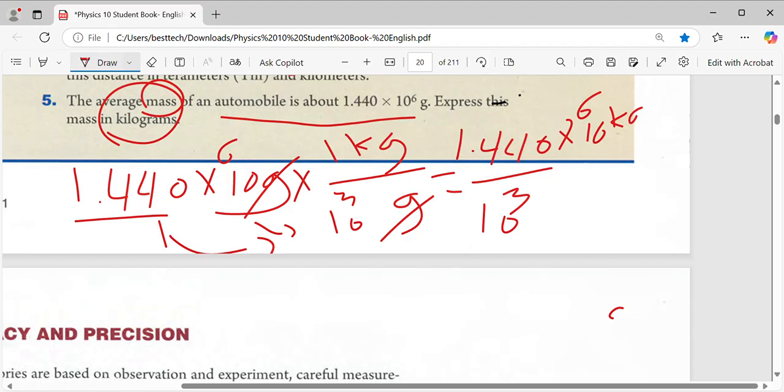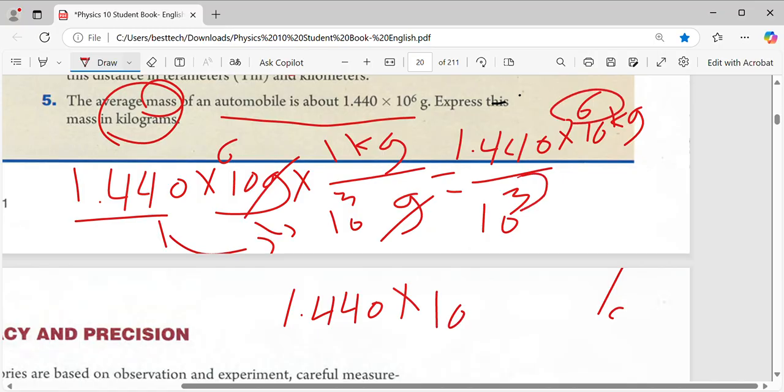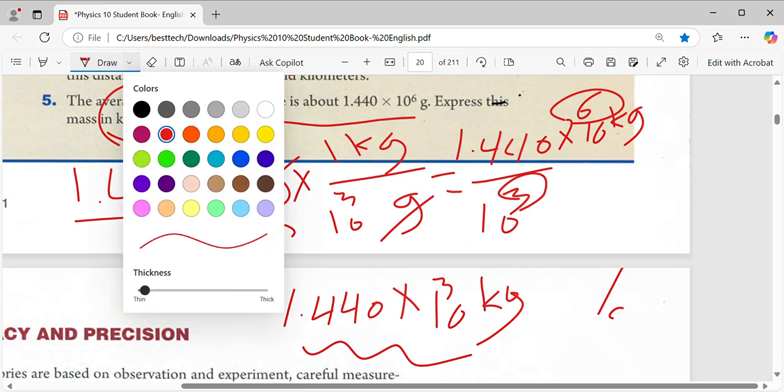Write the numbers, don't touch the numbers, just the power. 1.440 times, because they have the same base, we can simplify: 6 minus 3, directly do it. 3 is left. 3 what? Kilogram. So this is the answer of question 5.